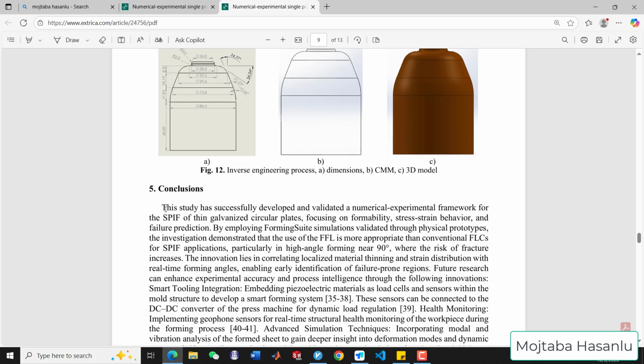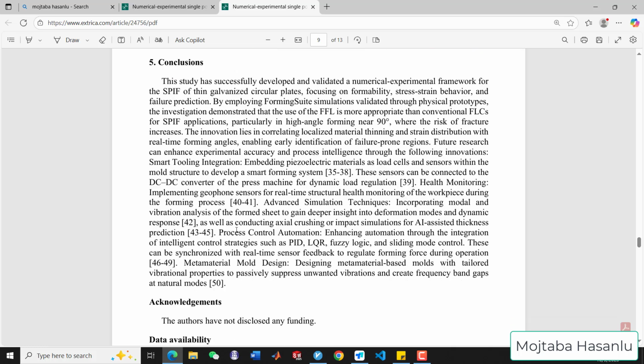Normally, the fifth part of the research paper is conclusions. So you can write about all your understanding of this research paper in the conclusion.